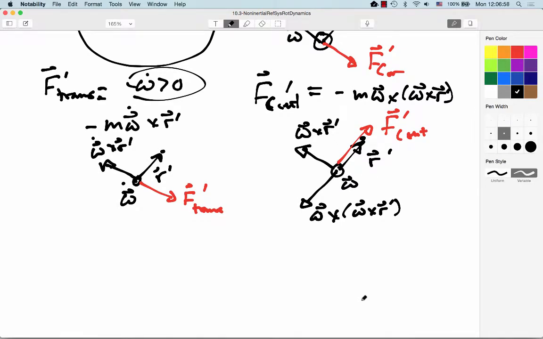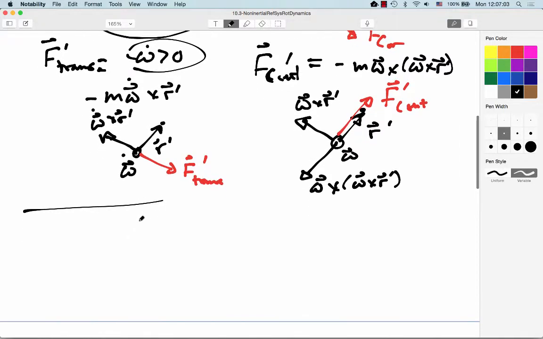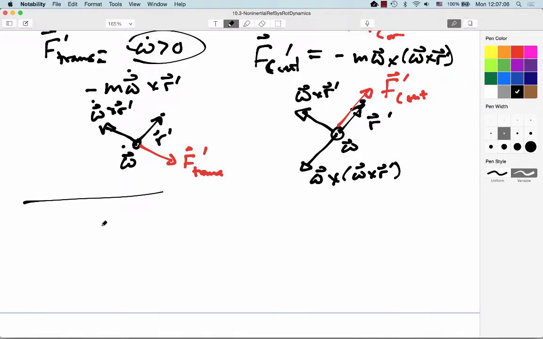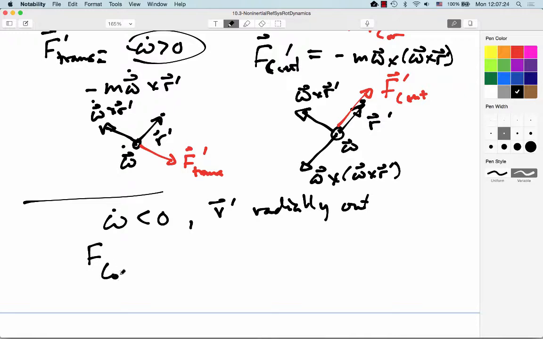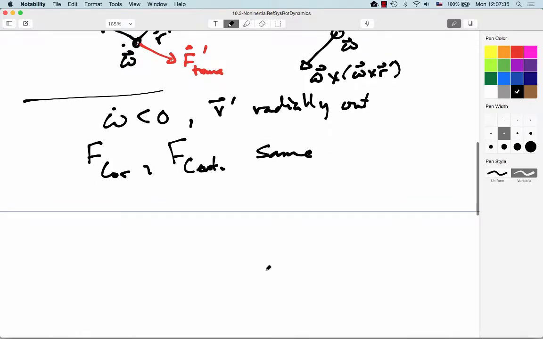All right, now let's take a look at some other cases. Let's say that now the rate of rotation is decreasing, but we'll still keep v prime radially out. In that case, you should be able to convince yourself that the Coriolis force and the centrifugal force are the same as before. The one that will be different is the transverse force.